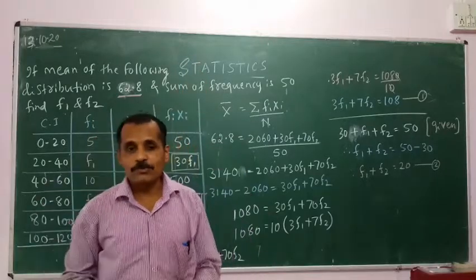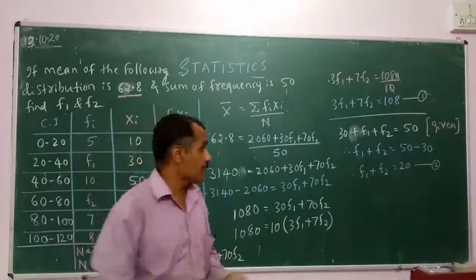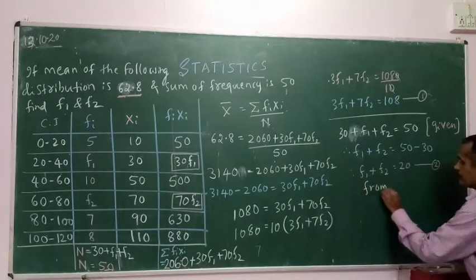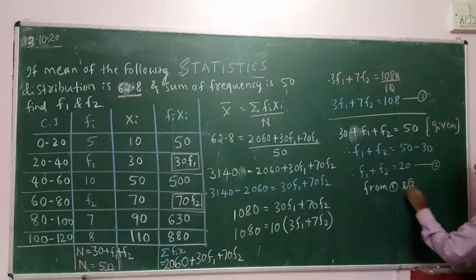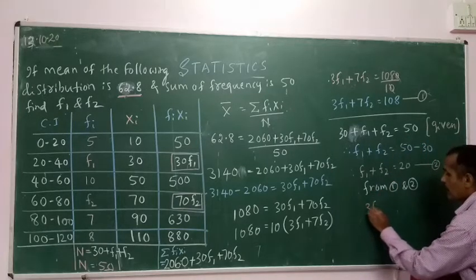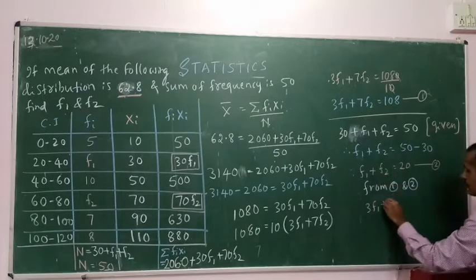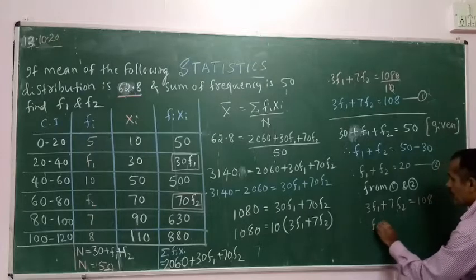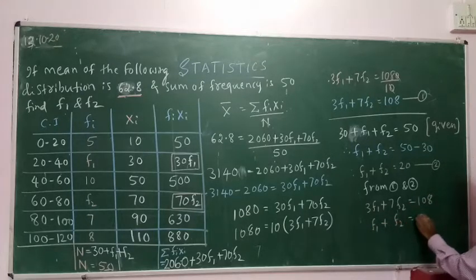You recall the problems you solved in linear equations in 2 variables. I will write now from equation 1 and equation 2: 3F1 plus 7F2 is equal to 108, and F1 plus F2 is equal to 20.